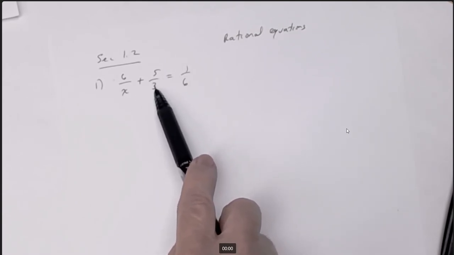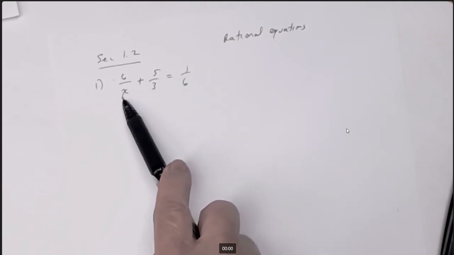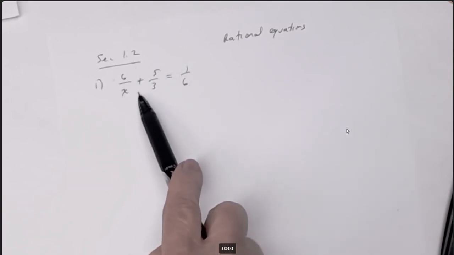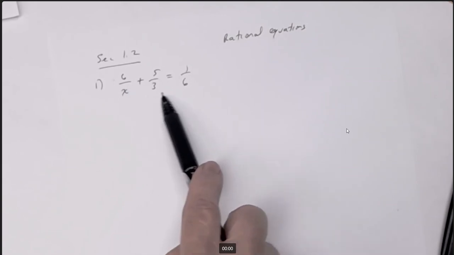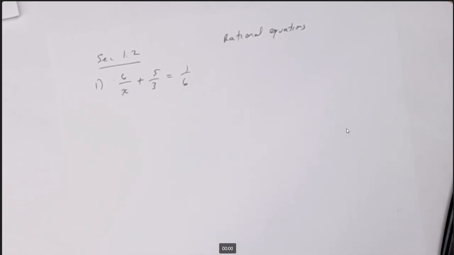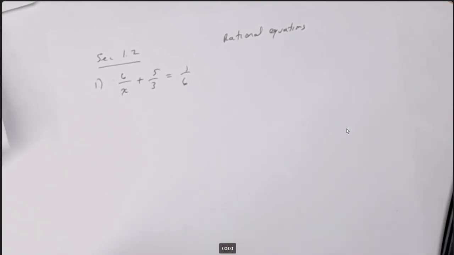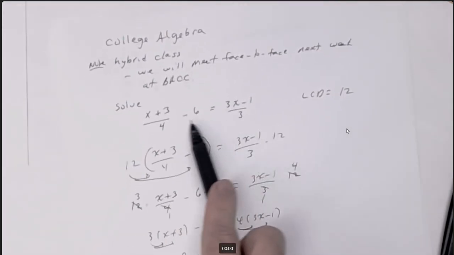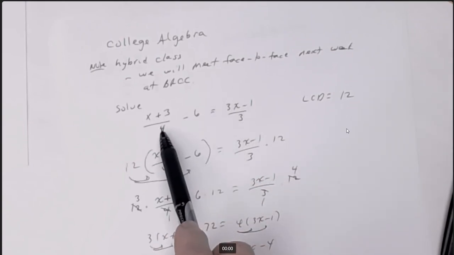So if you see an equation where you have a variable in the denominator, then that's called a rational equation. You want to solve this rational equation the same way you did this. This one in particular you can also consider a rational equation because it has a number here.